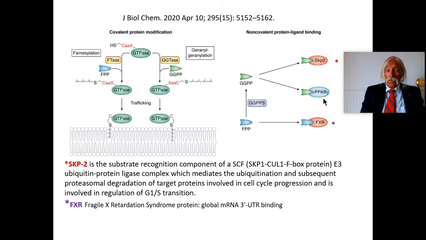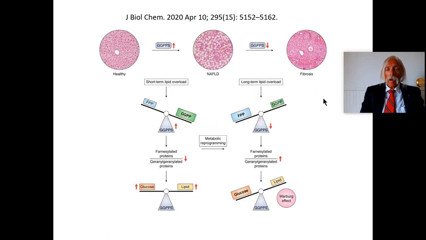It about covers all the room. Plus, as I said, protein synthesis, because of the stability of the messenger RNA, and protein degradation, because of that SKP2 protein. You see how that all functions just because of prenylation of certain proteins and their functionality in given locations in the cell.